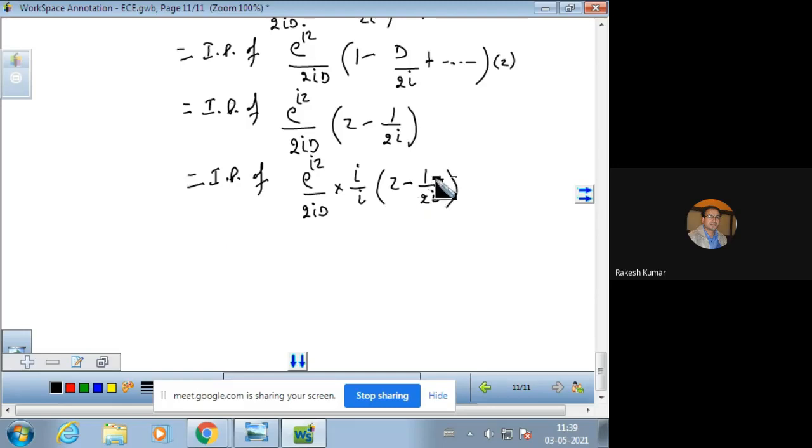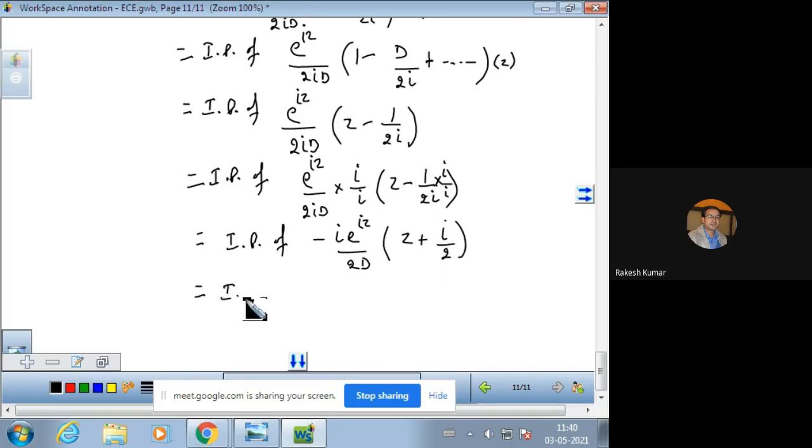So this iota can also be written by applying a partial fraction. So imaginary part of, now iota will be minus 1. So minus iota e raised to power iota z upon 2 into D, and here you will have iota will be minus 1. So minus minus will be plus iota upon 2.